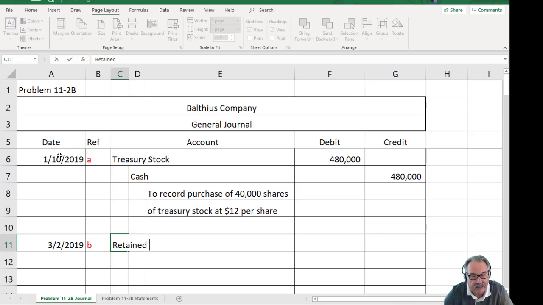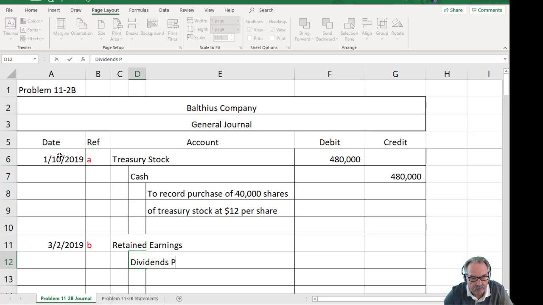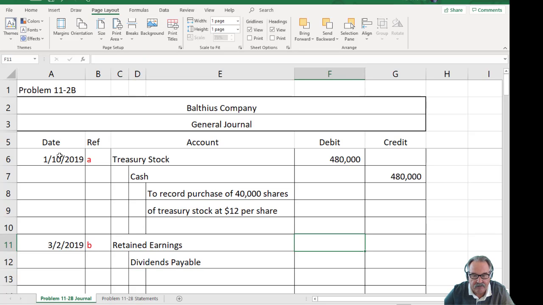This is going to make retained earnings go down. We are in effect paying out some of the earnings to the owners, and we'll credit dividends payable. We're not going to pay these dividends right now. We just declared them. They'll be paid at the end of the month.